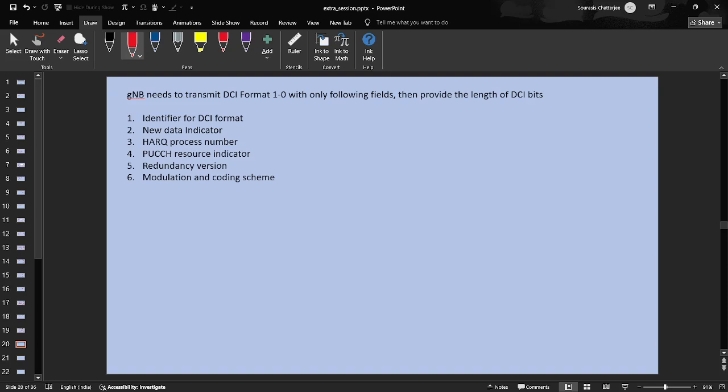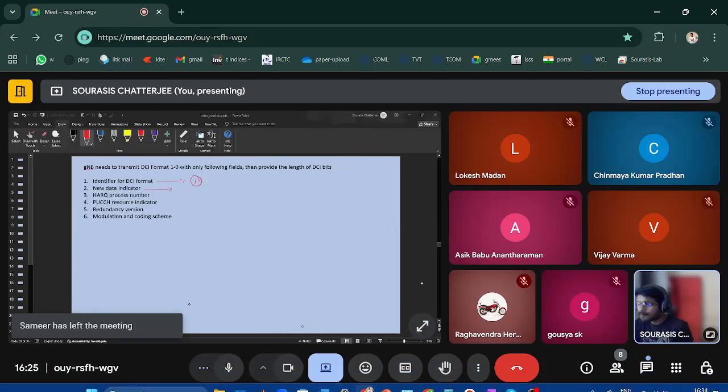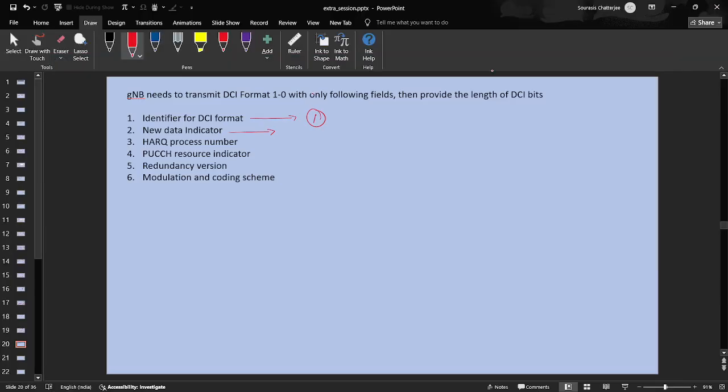It's either uplink assignment or downlink scheduling. Sorry, uplink grant or downlink scheduling, right? So it's between the choice of two that we can resolve using only one bit. Same applies for new data indicator. It's also one bit.